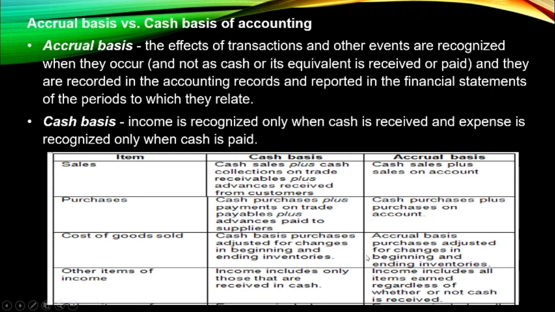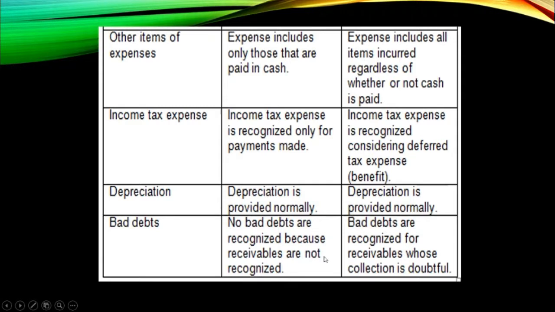So, that is now the difference of cash base and accrual base. Some other items such as expenses. Expense includes only those that are paid in cash. For accrual, expense includes all items regardless whether it is cash paid.